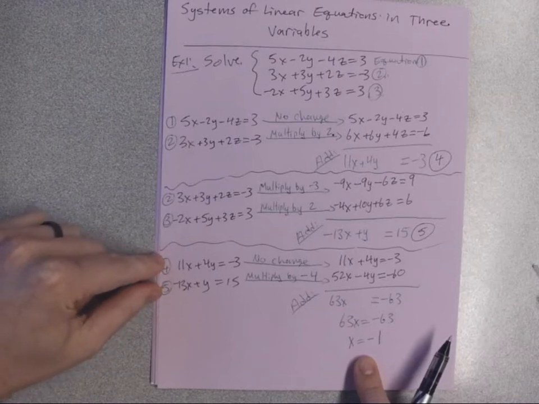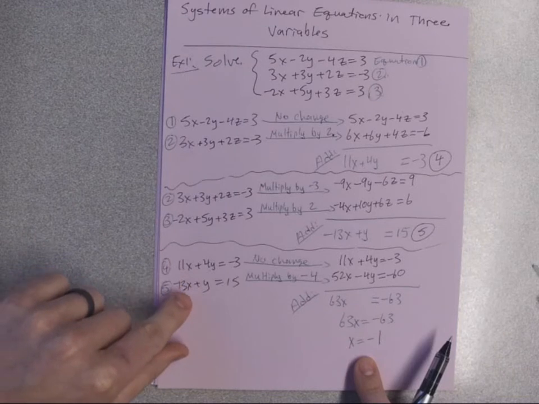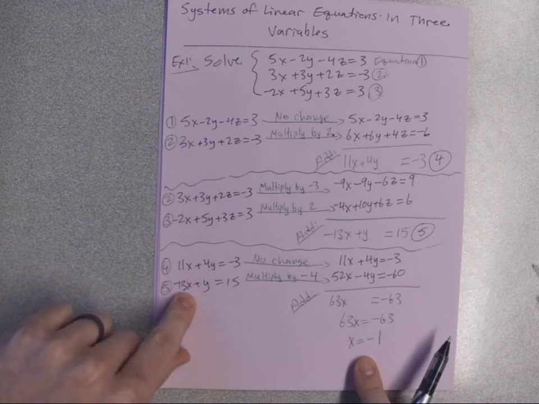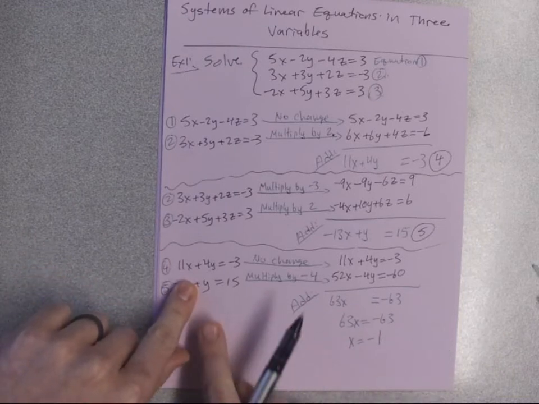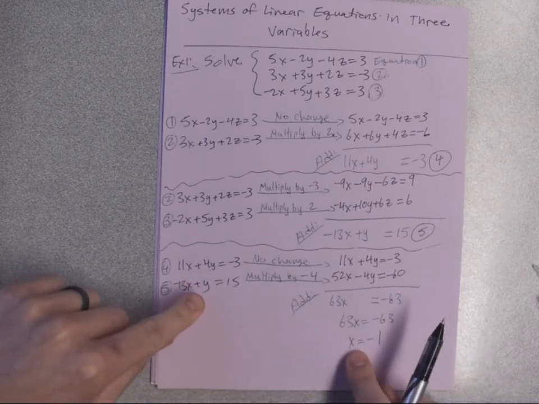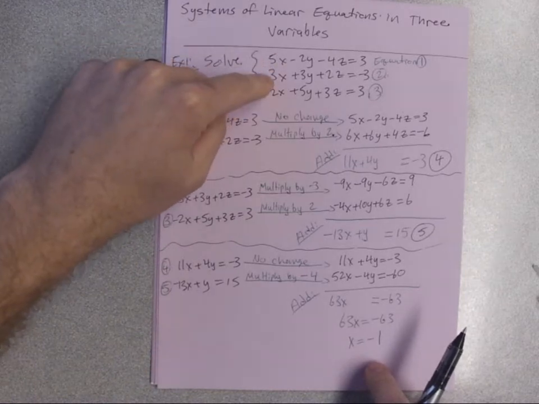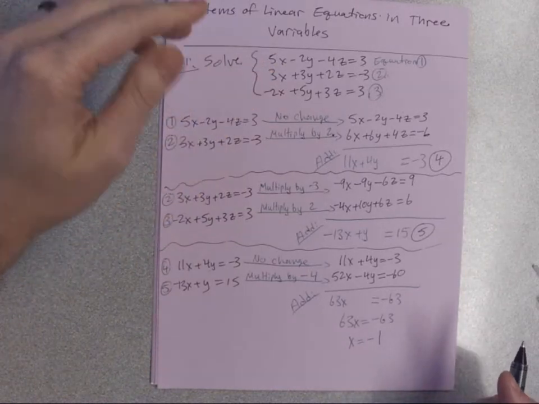The reason I'm choosing to plug x into equation 4 or 5 is, notice, I plug negative 1 in here for x, then I'm left with only y, and out will pop my y value. And now I have x and y, and I can take those values and plug them into any one of these three equations, and out will pop our z value.